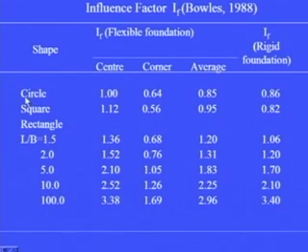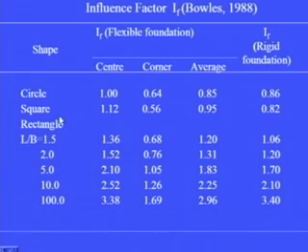Let us say for the case of a circular foundation, at the center it is 1, at the corner it is 0.64, and hence on average we can take 0.85 if the foundation is flexible. But for the case of rigid foundation, it is taken as 0.88. Similarly, for the square foundation, these values are 1.12, 0.56, 0.95, 0.82.